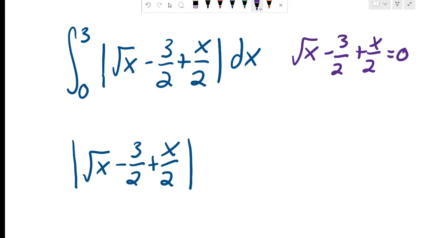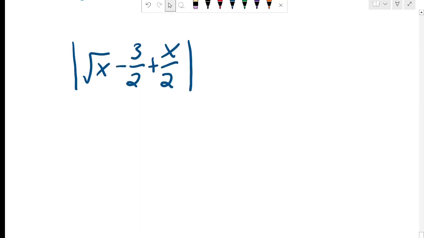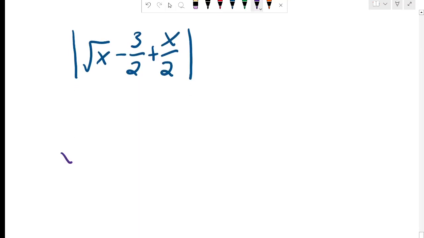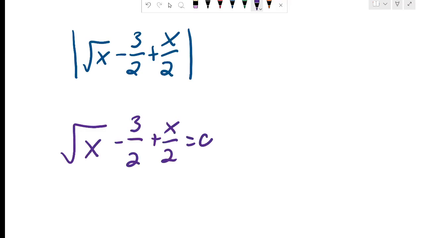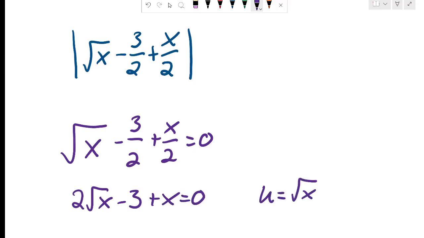So it could get complicated. Here, actually, I'm going to go down a little bit so we have a little more room, because here we'll actually want to use a substitution. Root x minus 3 halves plus x over 2 equals 0. So first, just go ahead and multiply by 2 to get rid of the fractions. Okay, so here we're going to want to make a substitution of u equal to root x.